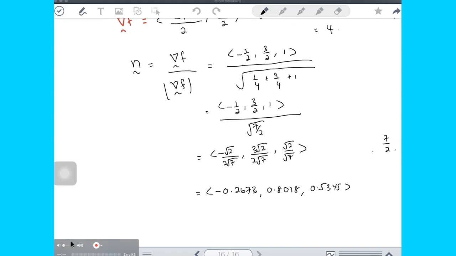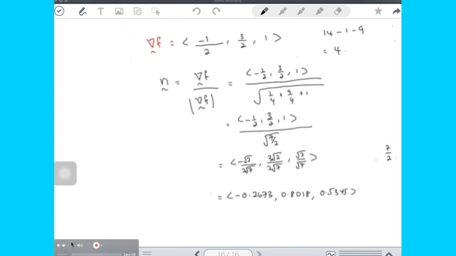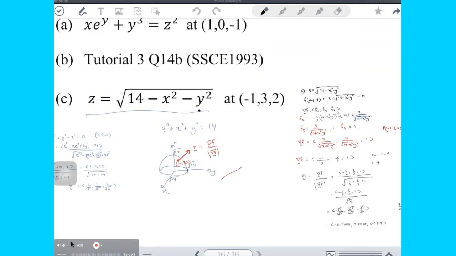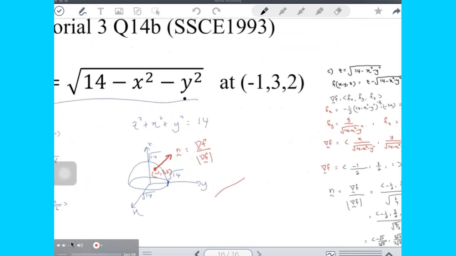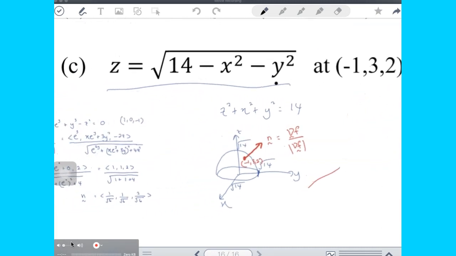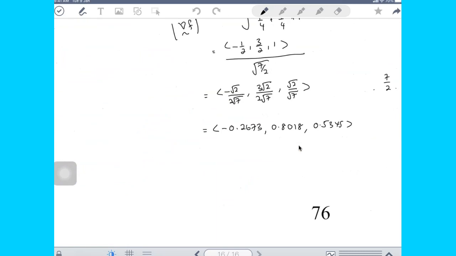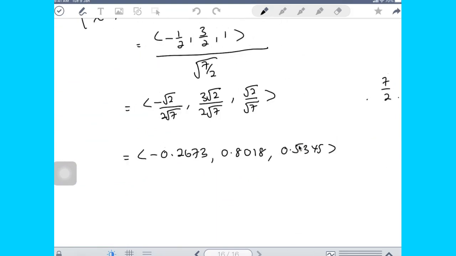So I put it in 4 decimal places. Now if you look at the result here, we managed to compute the unit normal to this hemisphere, where the answer is given like this.